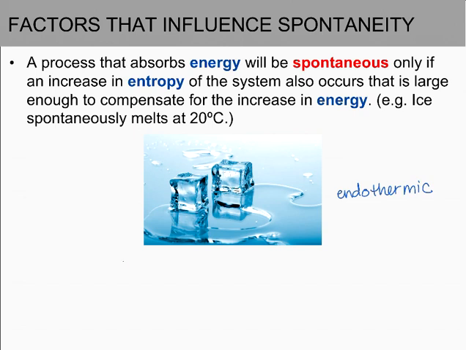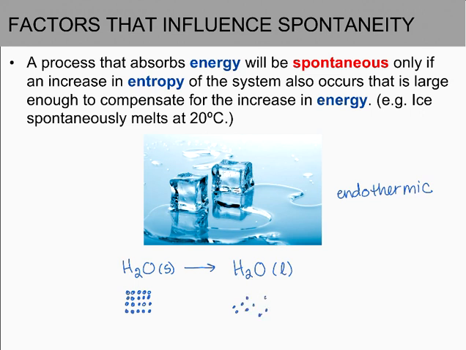Here we have, again, solid water, and it's becoming a liquid. Now, solids, remember, are very ordered systems. So the particles or molecules in ice would all be very ordered, very rigidly structured. But then when we have a liquid, now those particles can move around.